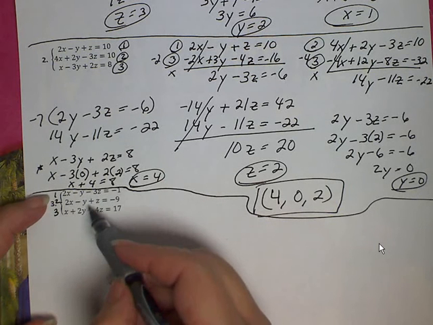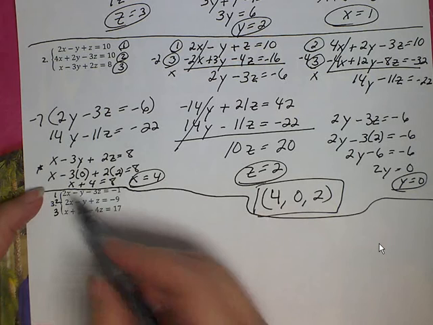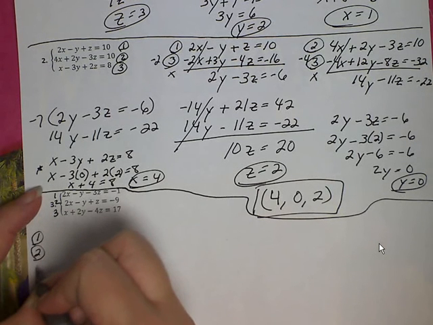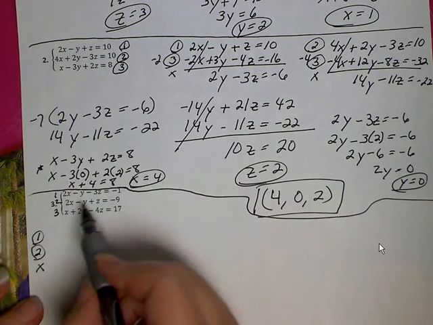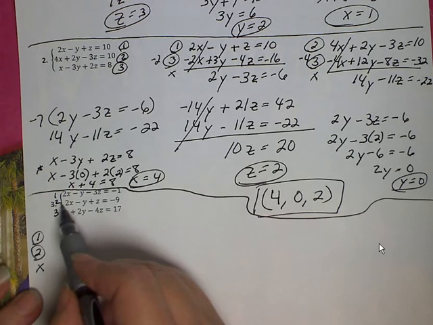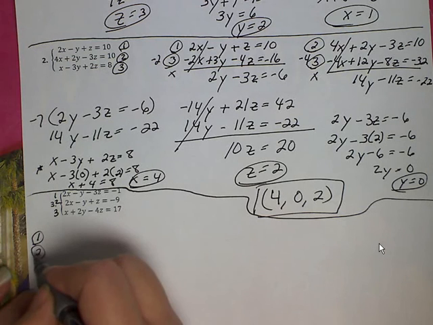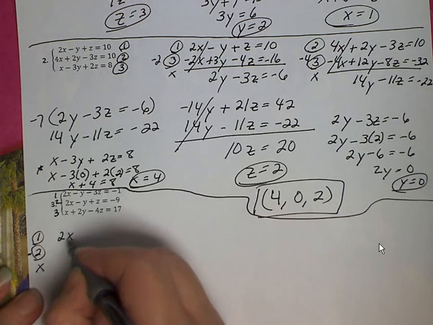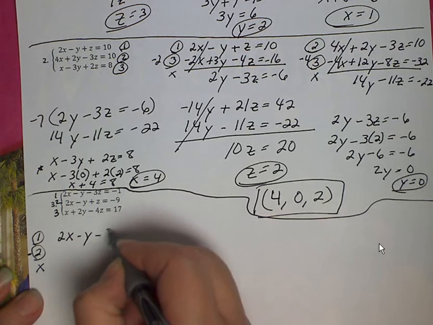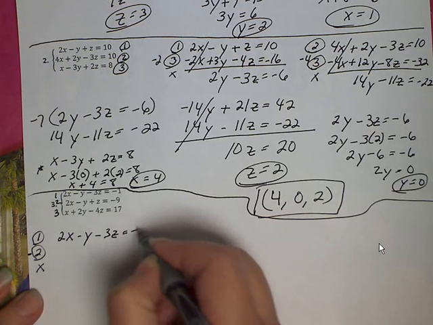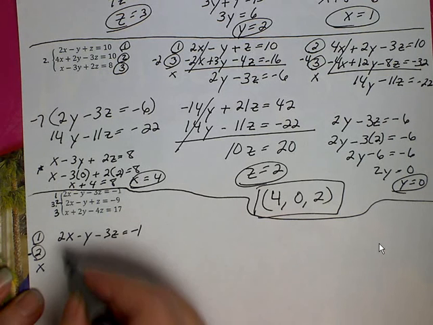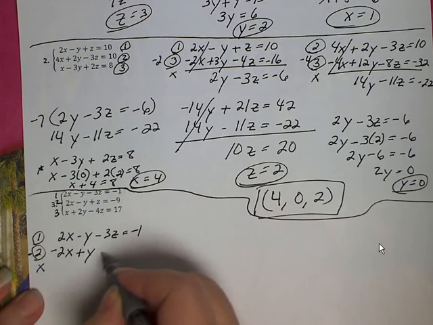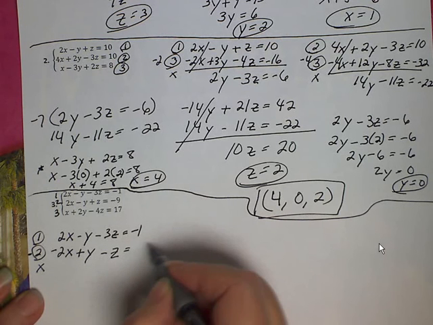I'm going to use 1 and 2 and get rid of my x's, and I'm going to multiply through by a negative on the bottom. So I have 2x minus y minus 3z is equal to a negative 1. So I'm going to multiply everything by negative. So a negative 2x plus y minus z is equal to 9.